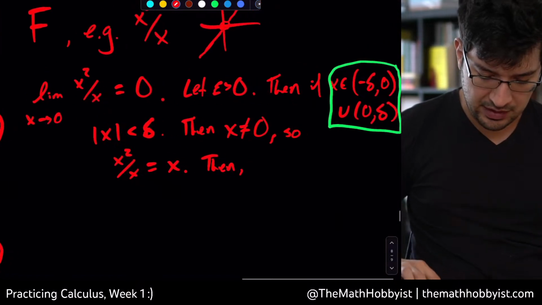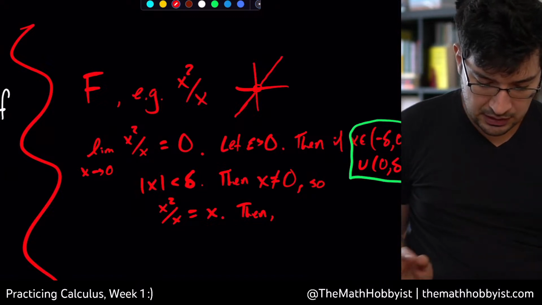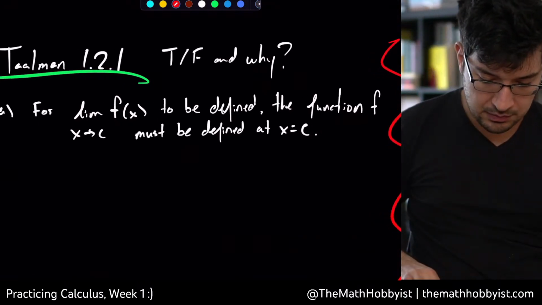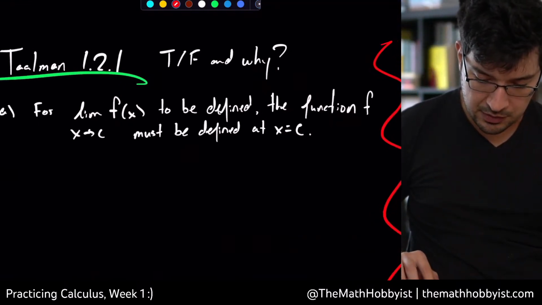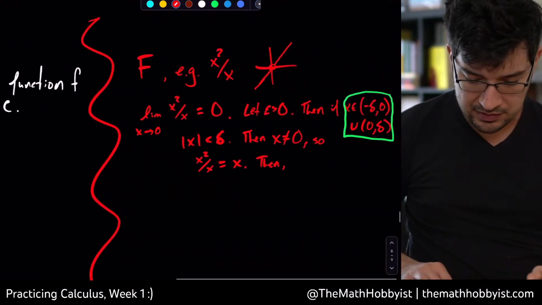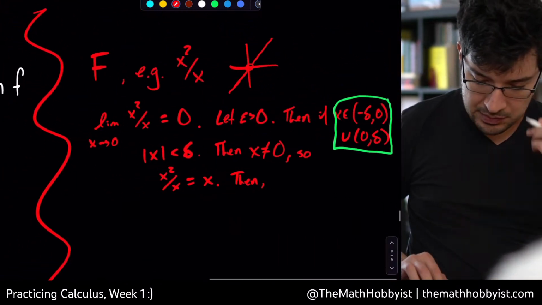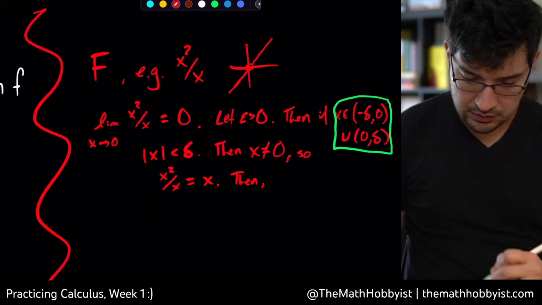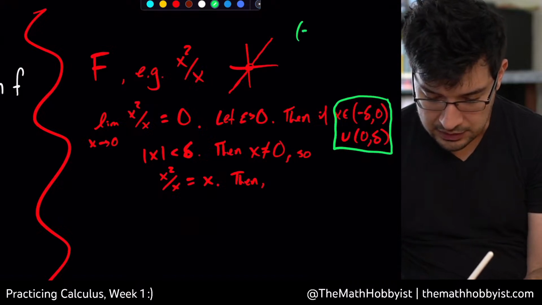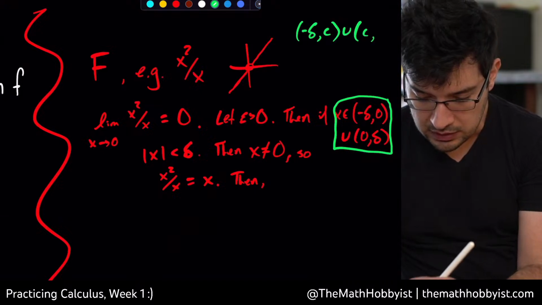That is the next section, but again, this example definitely disproves this claim. The function f must be defined at x equals c. Really, I can say the function f needs to be defined at c is not true, because it only needs to be defined in the interval negative delta to c union c to delta.